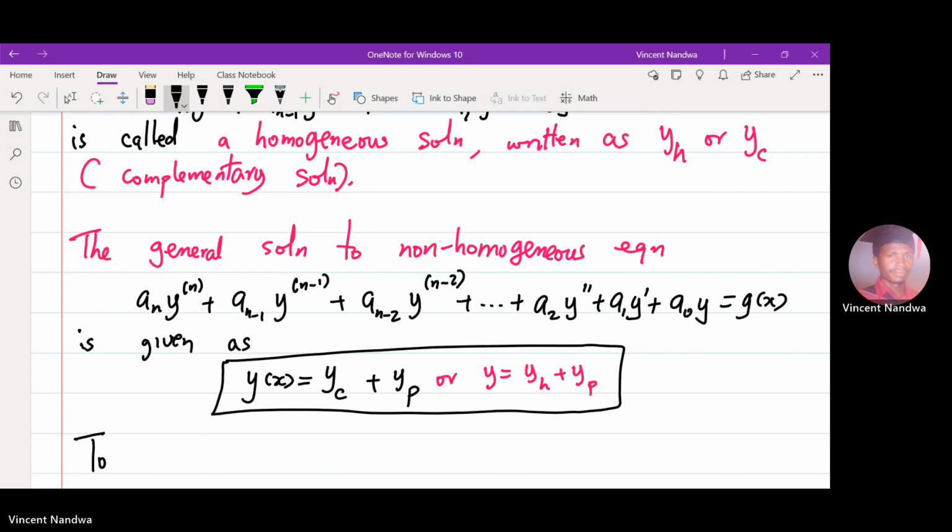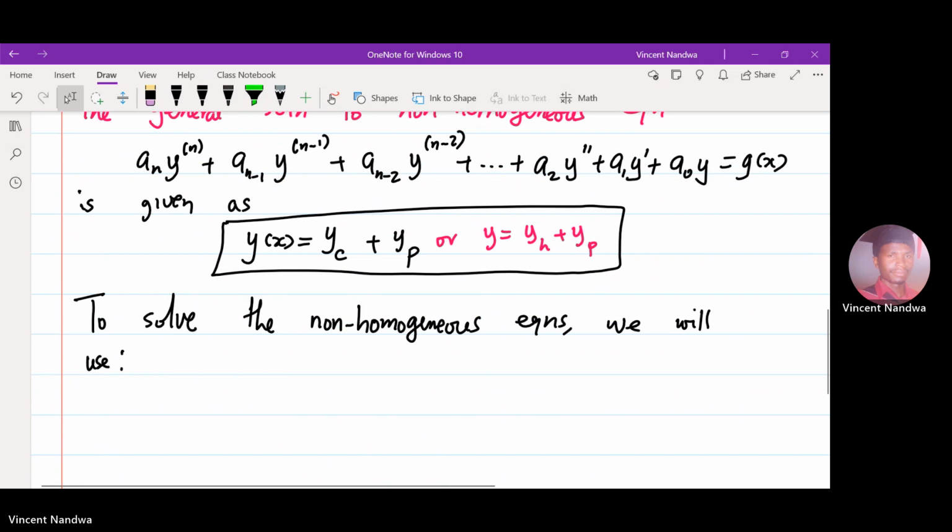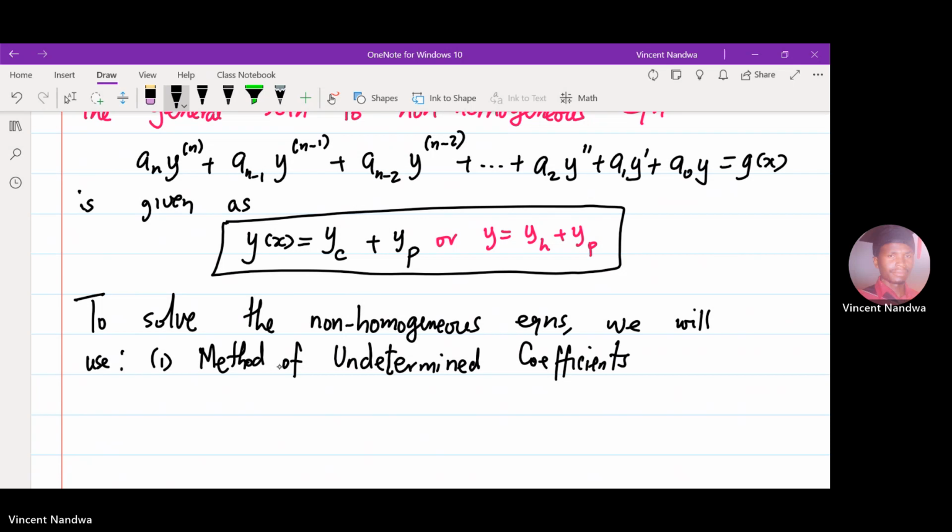So to solve the non-homogeneous equations, we will use one, the method of undetermined coefficients, and two, the method of variation of parameters.